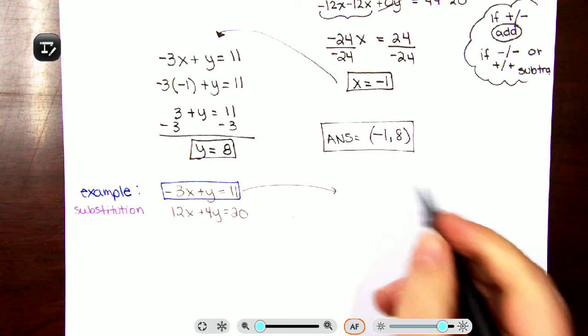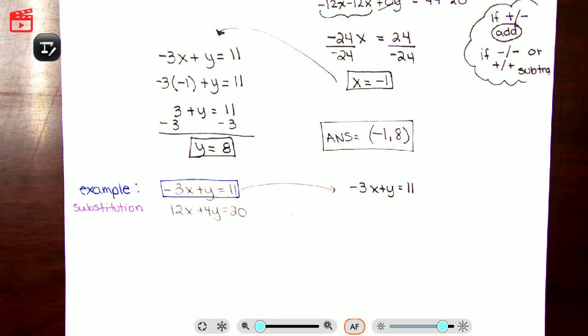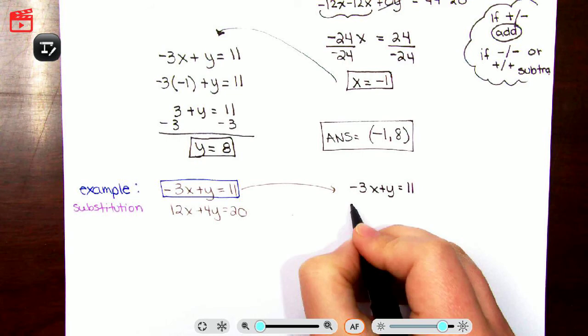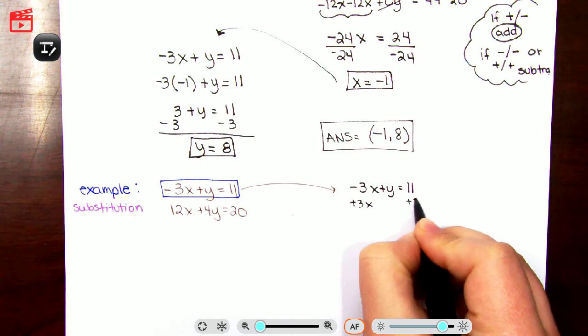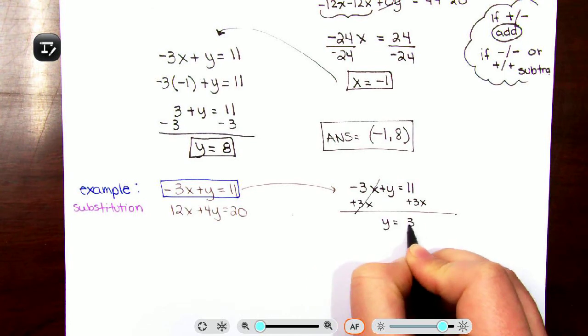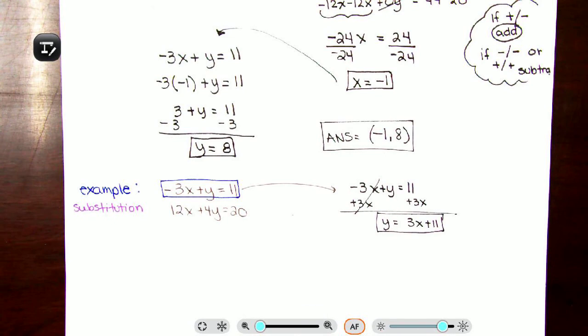Okay, so I'm going to rewrite this. I have negative 3x plus y is equal to 11. I'm going to solve for y, meaning I'm going to get y by itself. So I'm going to add 3x to both sides. Cancel these out. So I have y is equal to 3x plus 11. Now, mathematicians are kind of lazy, right?